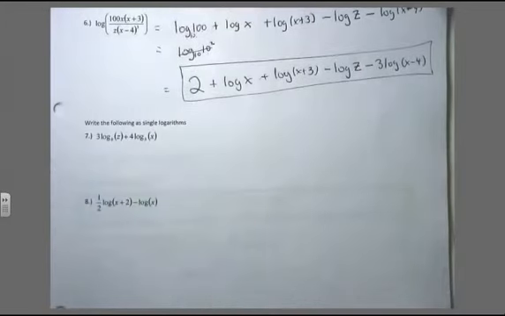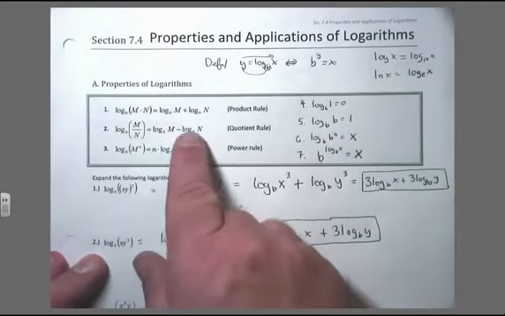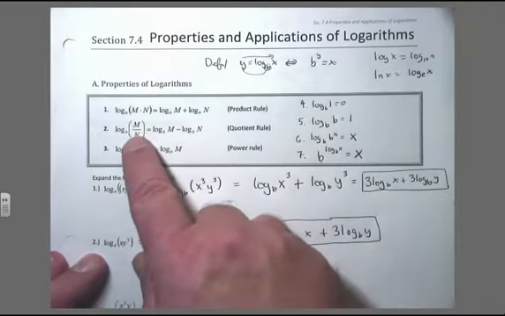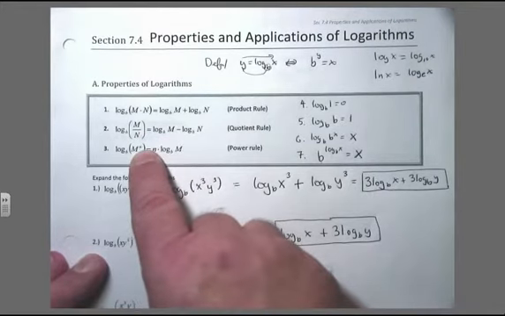But to put him back together again, look at these log properties. Let me go back and find my log properties here because I want to emphasize this. So in these log properties, now we're going to put Humpty Dumpty back together again. We've got multiple terms of logs and we want to combine them. So that means addition will turn back into multiplication and subtraction will turn back into division, and numbers in front of the logs go back to powers where they came from.